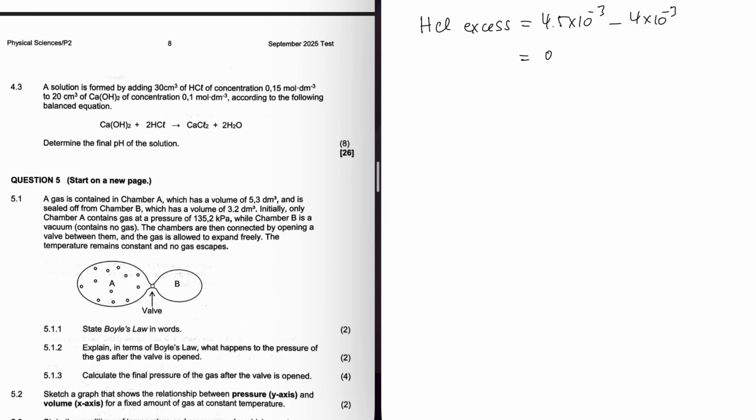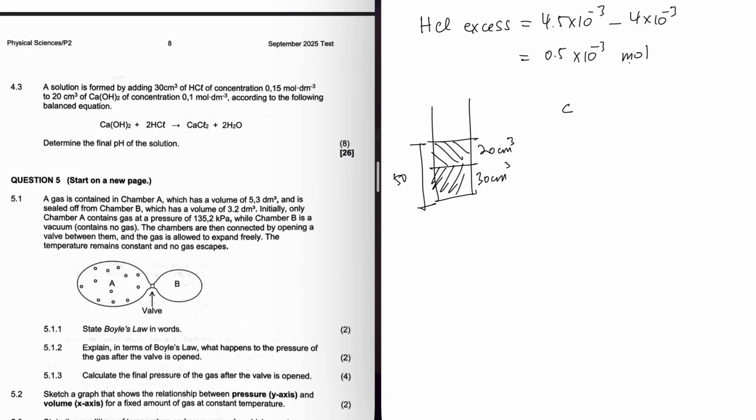So we have an excess of 0.5 times 10 to the minus 3. Now this HCl is sitting in a container that had 30 cm cubed and then was added to 20 cm cubed. And so the total volume that the HCl is now sitting in is 50.